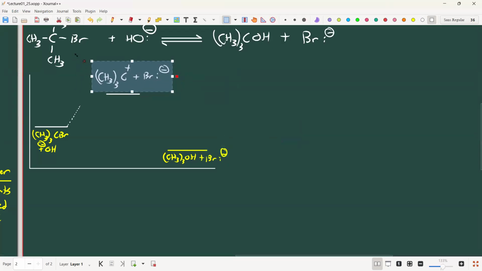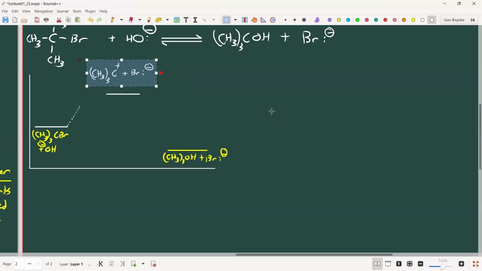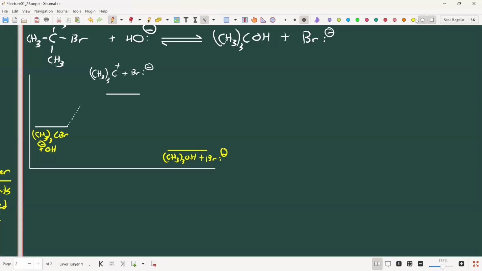So we have this intermediate system where the system is ionized into two parts. It turns out that this, in fact, is an intermediate. This is a stable species. So this is not actually a transition state, but rather the system is stabilized here, like so.